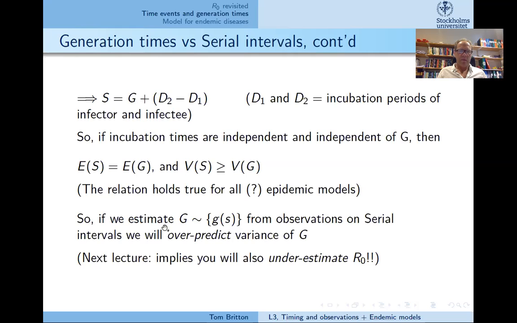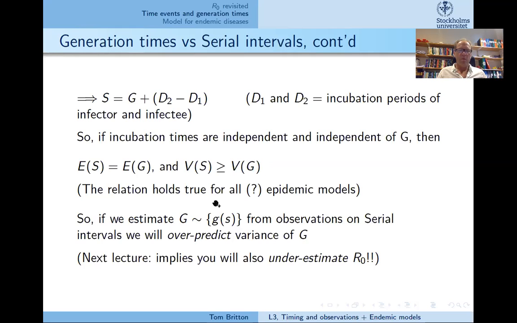This means that if we estimate the generation time, which we typically don't observe, by the serial interval, we will overestimate the variance. If we collect data, it will be from the serial intervals, and we will look at the variance between these serial intervals. So we will estimate this thing, but we would have wanted to estimate that thing.